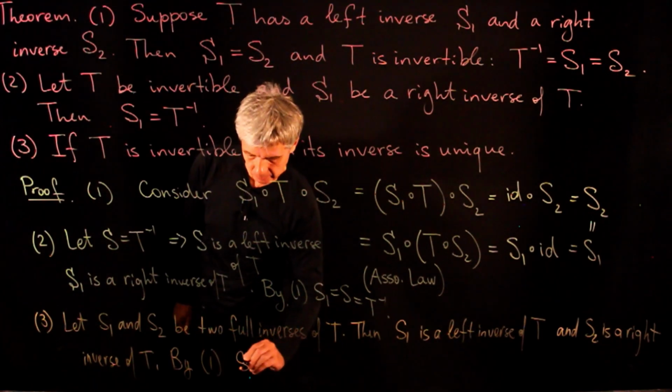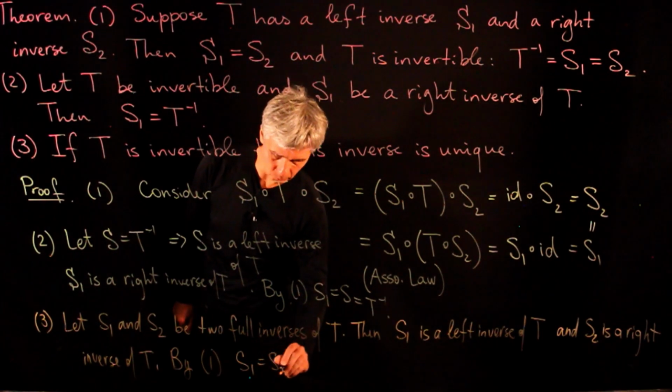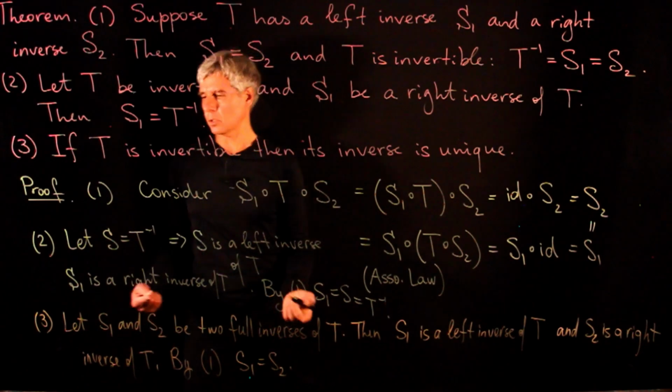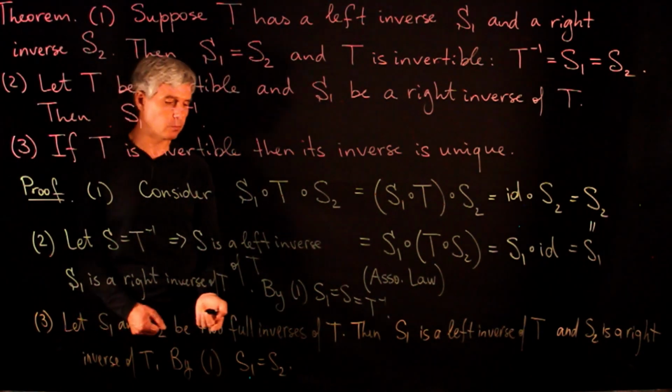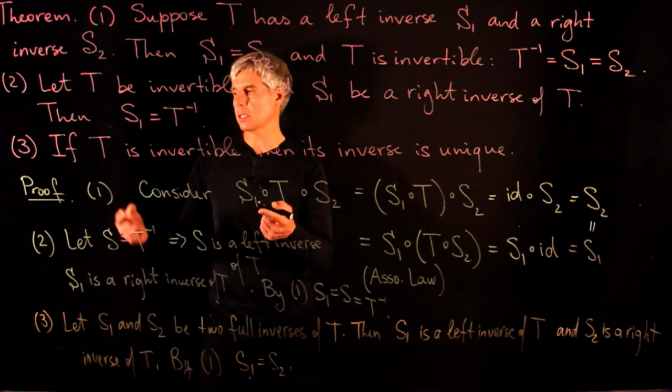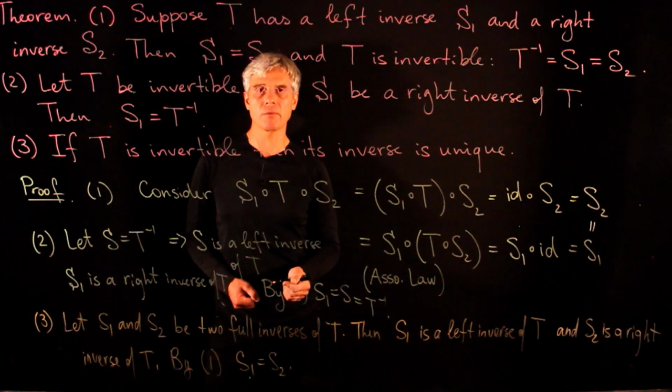So by 1, S1 is equal to S2. And so this means that there could be only one full inverse of T. And this proves part 3 of the theorem.